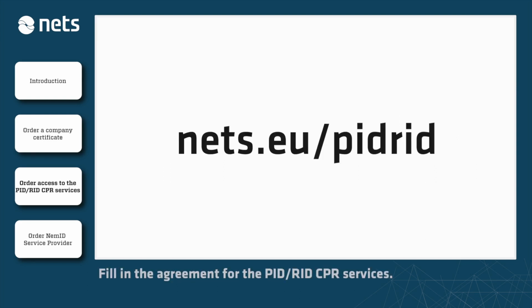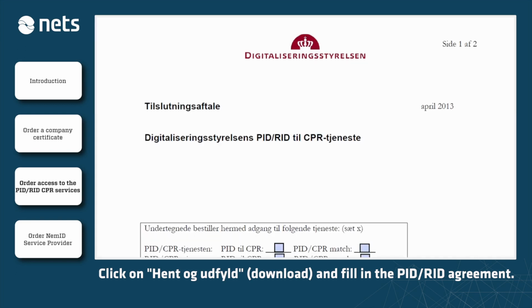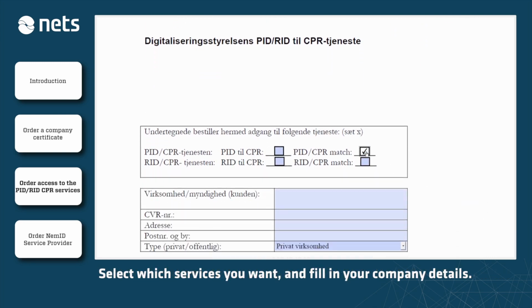To order PID or ID for CPR services, go to nets.eu/PID or ID. Click on Hent og udfyld, download and fill in the PID or ID CPR agreement form. Open the agreement form. Select which services you want.